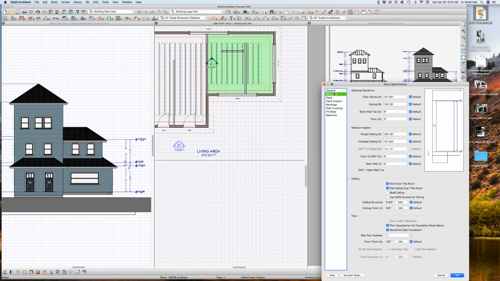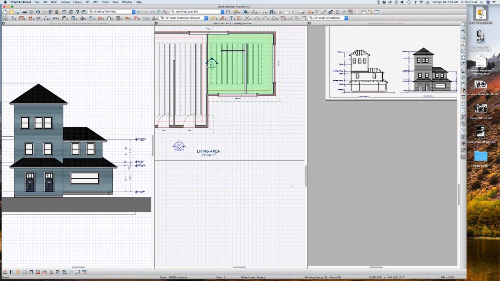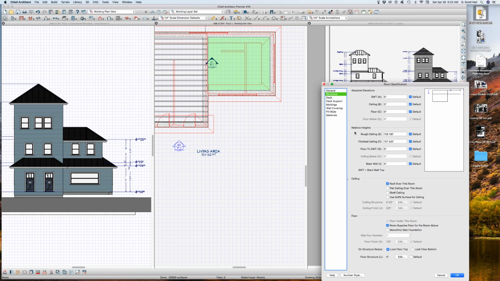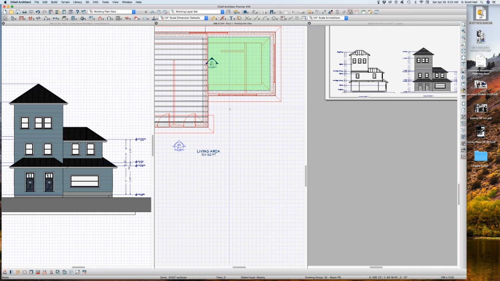General. I guess I just do this a different way. UU. Let's see if I can. My footing. Structure. Floor. Minus. I don't know. Yeah, that's now.